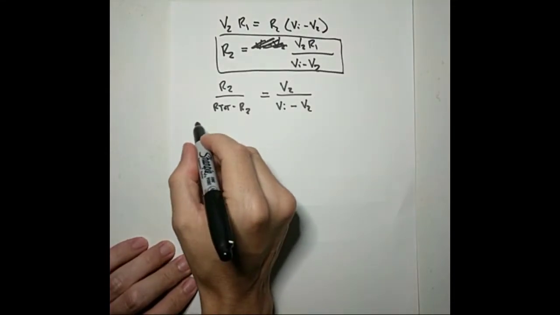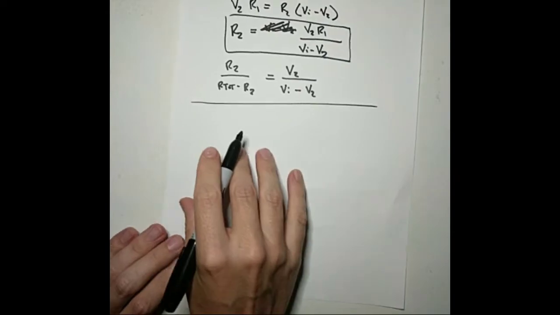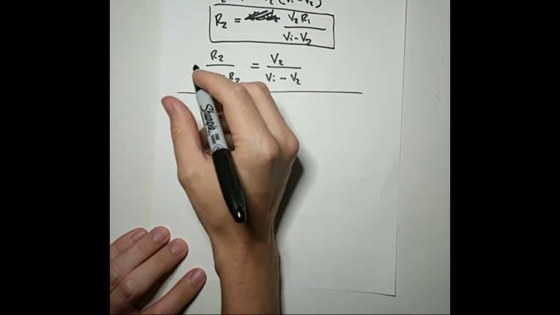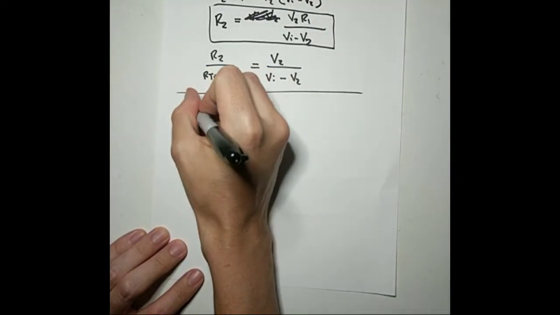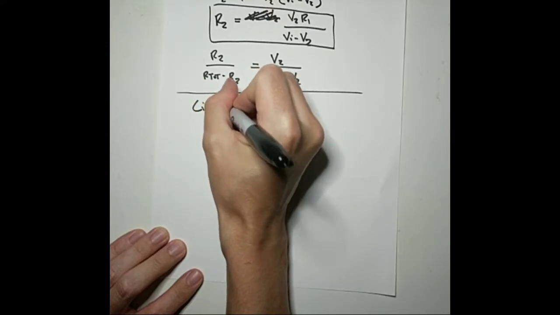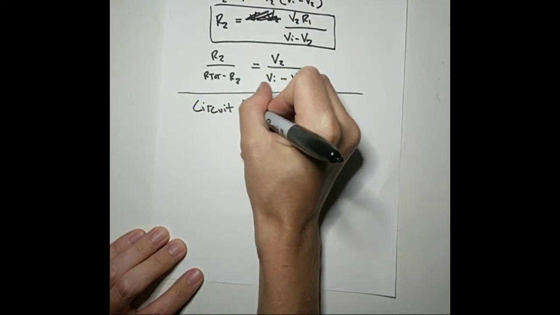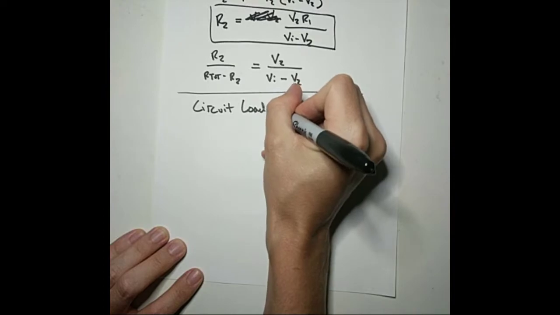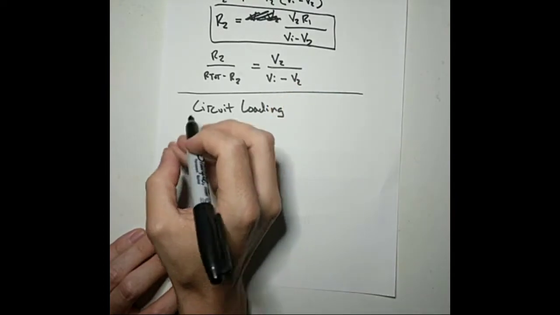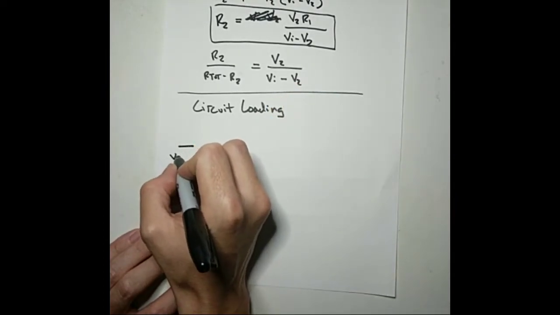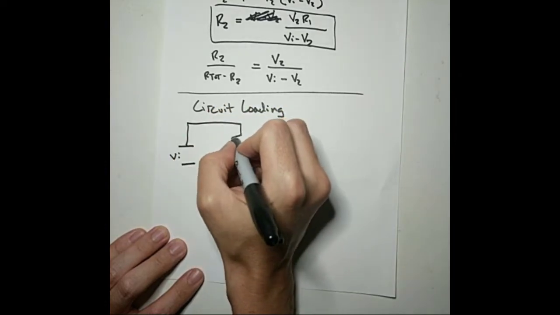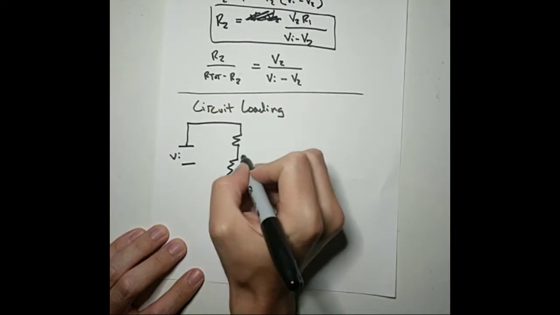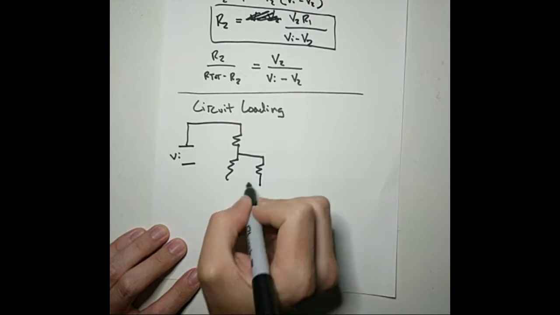Okay, so there's our basic voltage divider. Now, one of the things that we look at in this lab is something called circuit loading. So you load a circuit anytime you add another resistor in parallel.